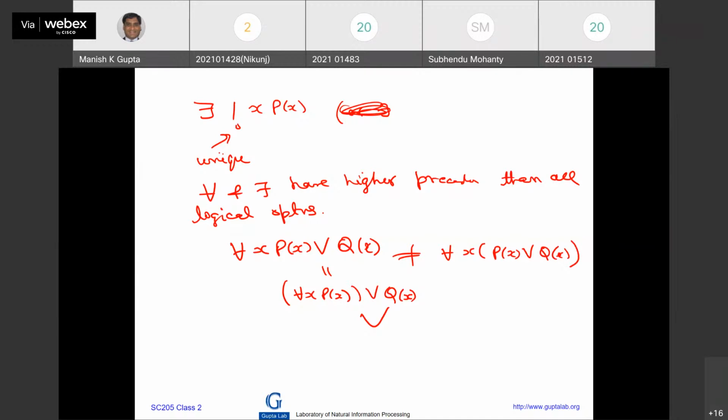So now, as we talked about logical equivalence of propositional statements, we can also talk about logical equivalence involving quantifiers. When there are quantifiers, how do we do the same thing? So let me mention it.